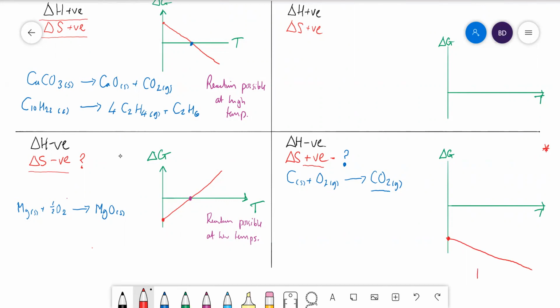It never goes above the axis. So that means this reaction is feasible, possible, at all temperatures.